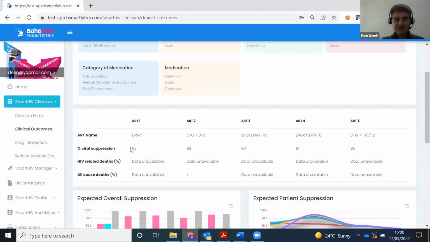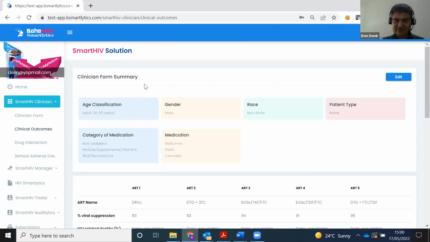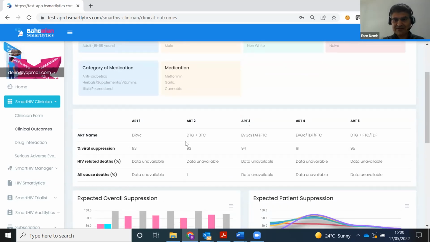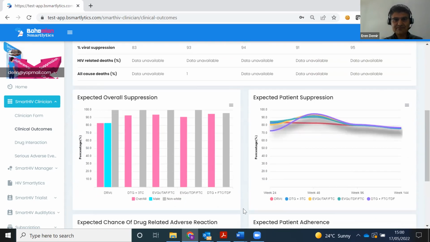So I've got all of these 5 ARTs recommended based on this information. For someone who's an adult, a male, a non-white, a new patient, the system is recommending these 5 ARTs because they have the highest suppression. And it breaks down by some of those key attributes.